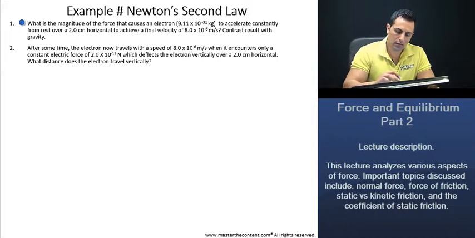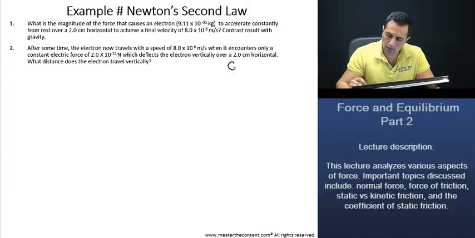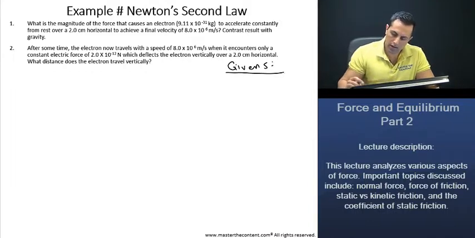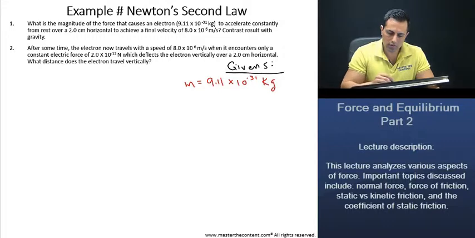Okay, great. Let's begin here by just writing down our givens. Here we have the mass of the electron, which is going to be 9.11 times 10 to the power of negative 31 kg. We're also given to accelerate constantly from rest, so we know that V1 is going to be 0. How about V2, our final velocity?